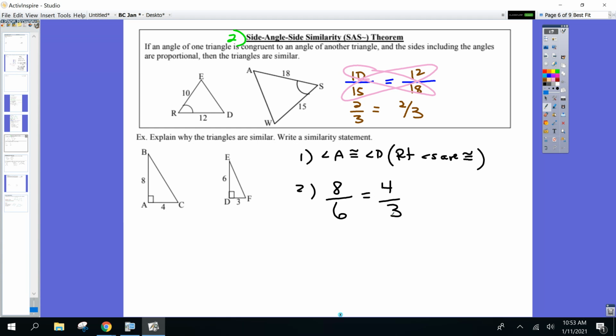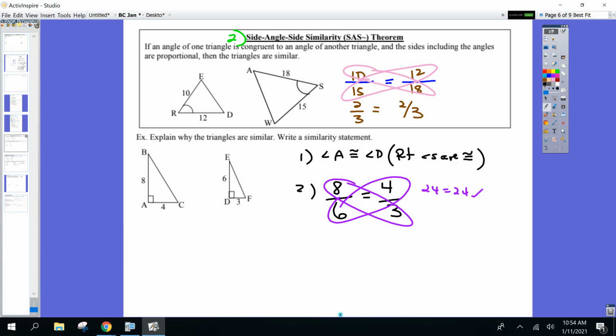You could have said 6 over 8 equals 3 over 4. That's fine too. I don't want you thinking that's the only way to set it up, because it's not. If you cross multiply, what do you notice? 24 equals 24. So that's good. Or if you reduced it, you would have seen 4/3 equals 4/3.